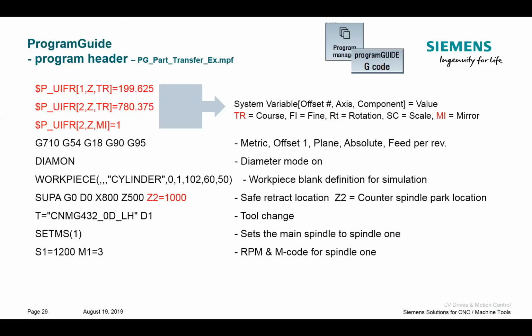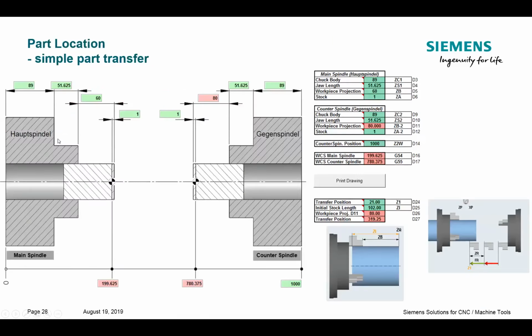What I don't want to do is let him come up with any arbitrary numbers. Because if you think of all this nesting, all this stuff we have going on here, if they change any of my work coordinates, it's going to render this part program non-usable. You would have to adjust the part program to compensate for where all these offsets are in space.